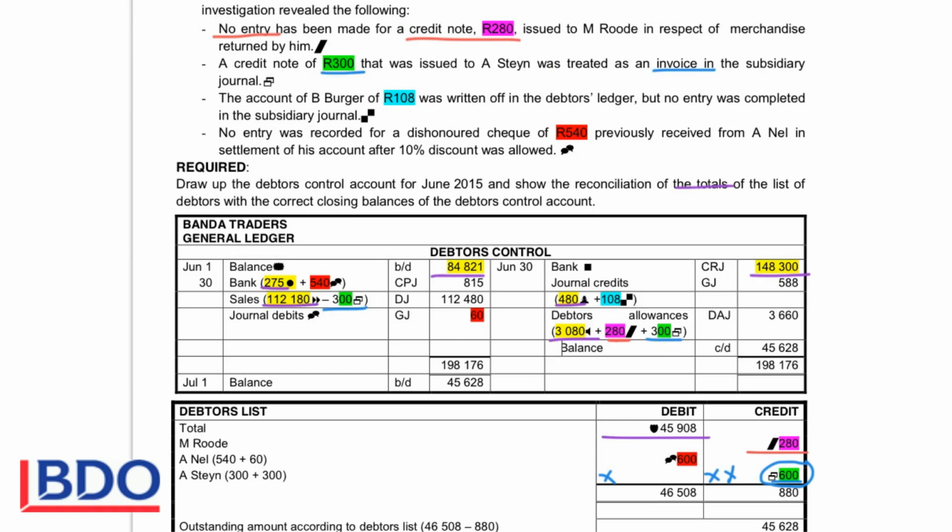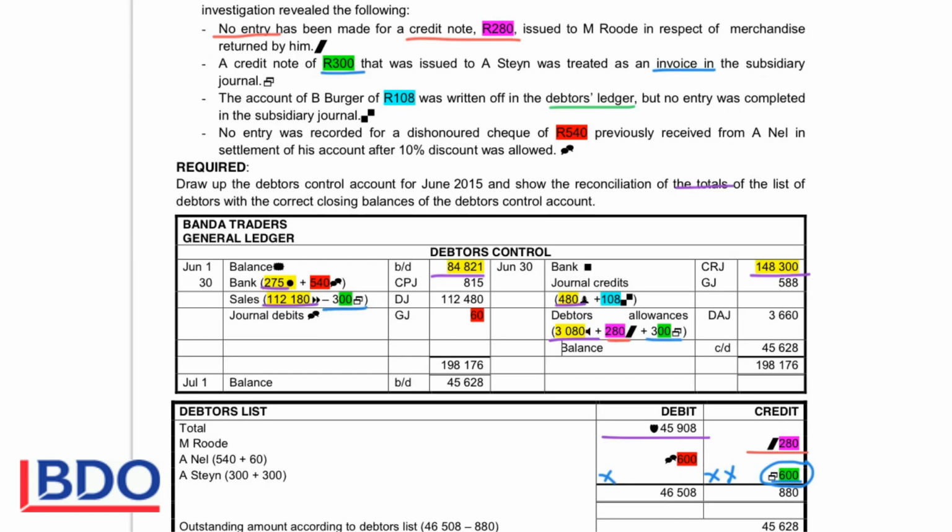The account of B. Berger for 108 Rand was written off in the debtors ledger, but no entry was completed in the subsidiary journal. That indicates that there is no mistake in the debtors ledger because it was already recorded. The only mistake will be in the debtors control because it was not completed in the journal.